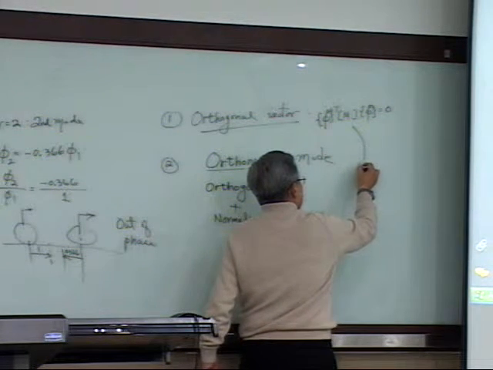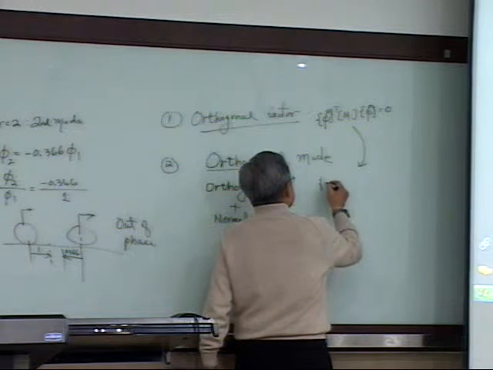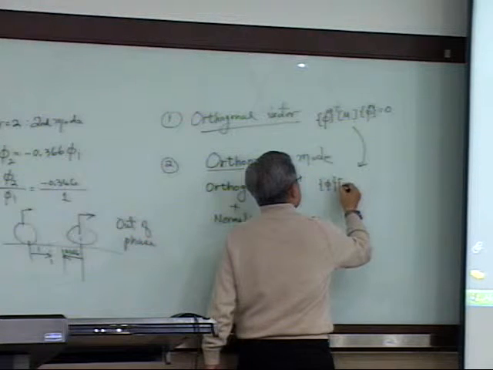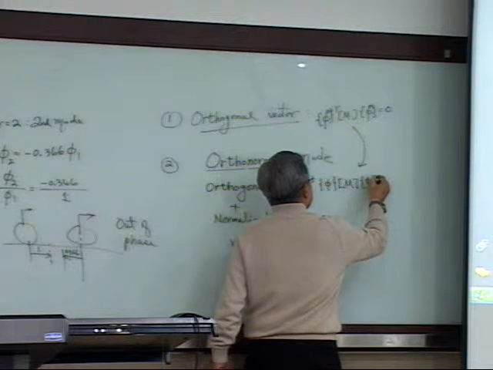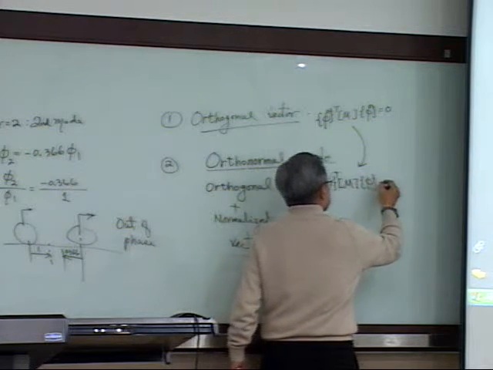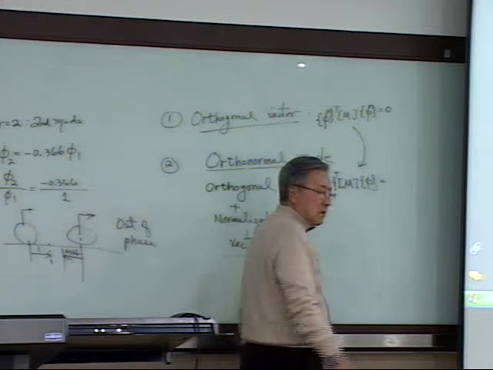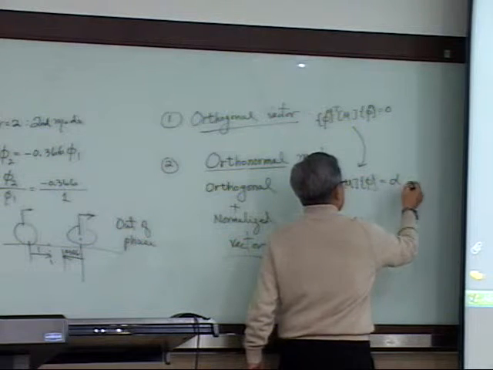Or I can rewrite this guy as phi, same, M phi transpose is not equal to 0, or I can say some value, alpha.